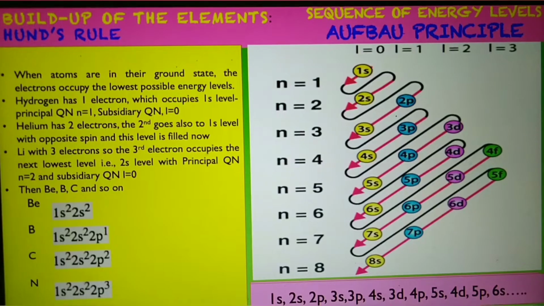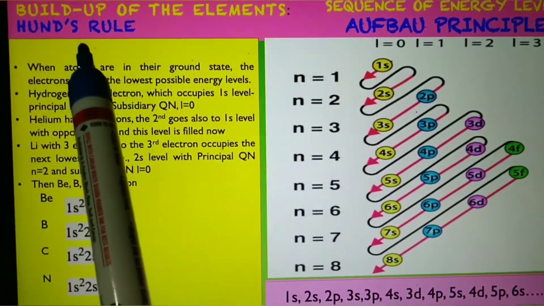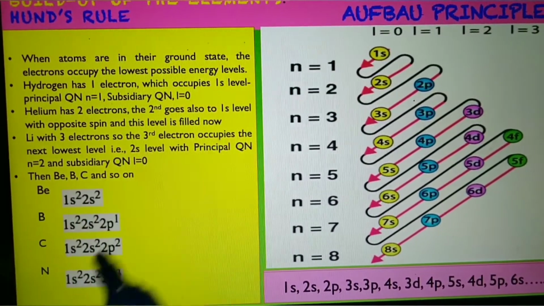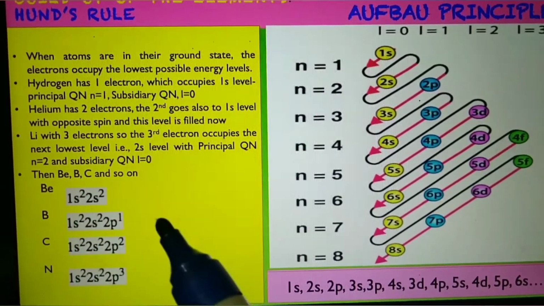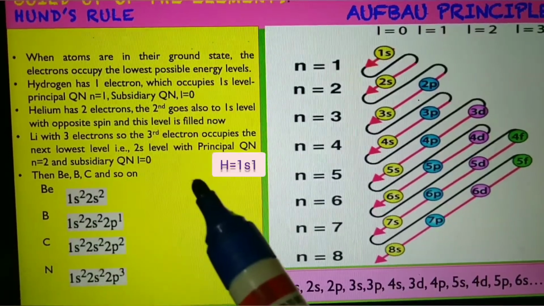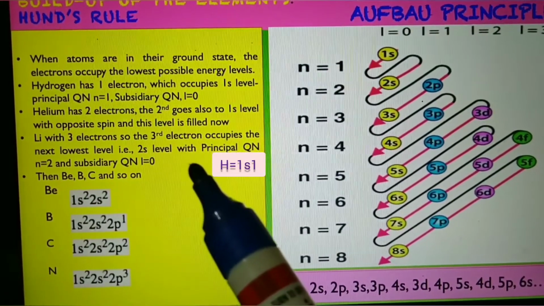Okay, then let's see how the subshells or the orbitals are filled up by the electrons. In case of hydrogen, only one electron is there, so the 1s level will be occupied by the electron, where principal quantum number n is equal to 1 and the azimuthal or subsidiary quantum number l is equal to 0.